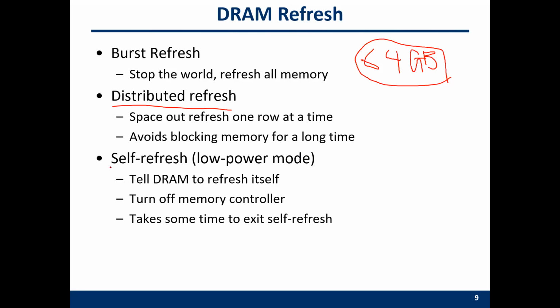Your mobile phone also has DRAM. When you inactivate your mobile phone, although your screen is black, the DRAM also refreshes itself spontaneously in a low power mode, so that the content in the memory of your mobile phone will not be lost.